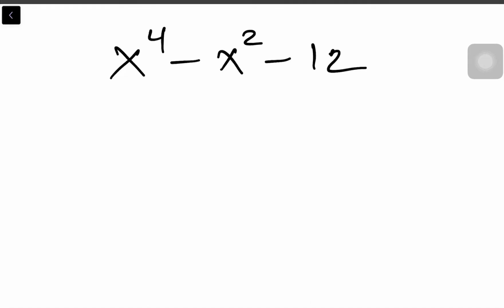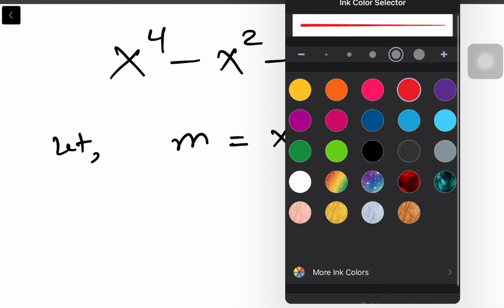So what I'm going to do, I'm going to choose m that is equal to x squared, okay? And I can do that. So instead of saying x squared, I'm just going to call it m, okay? Now look what happens.